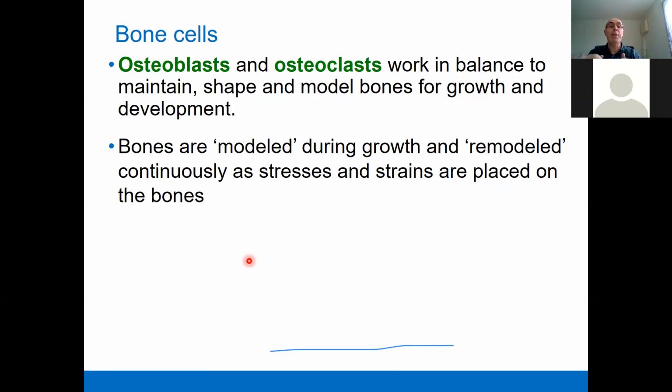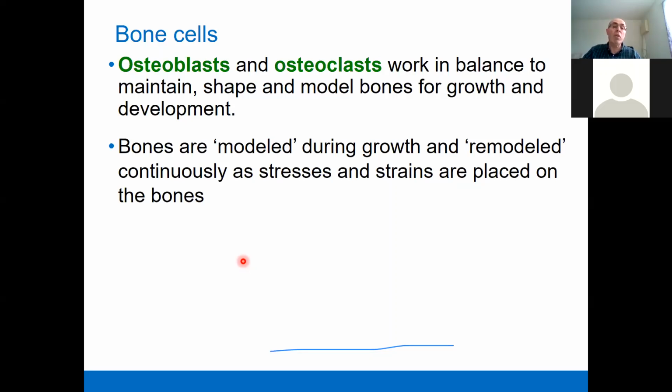The balance between osteoblasts and osteoclasts is really important because osteoblasts build bone, the collagen matrix of bones, and osteoclasts remove this collagen matrix. The balance between the two cells is really important.